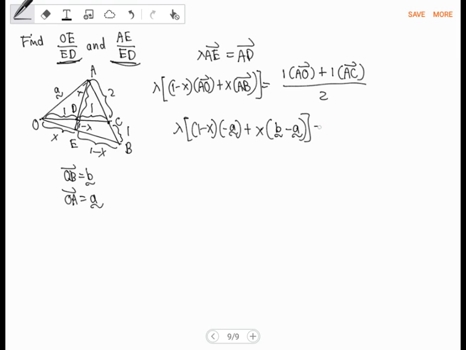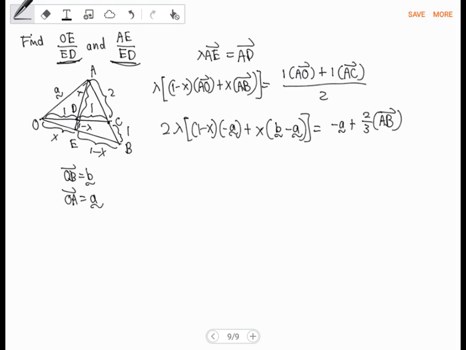And then we have AO is minus A, and plus AC. AC is 2/3 of AB. And instead of dividing by 2, I multiply 2 to the other side.